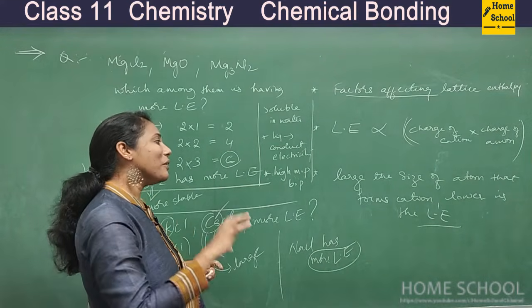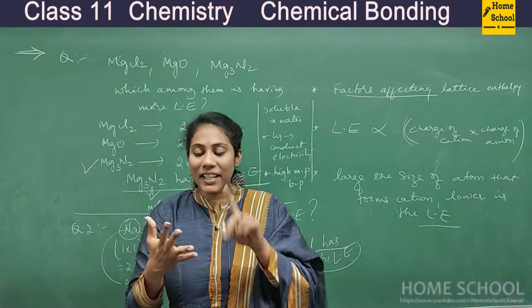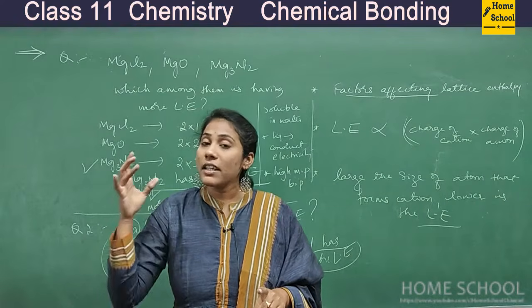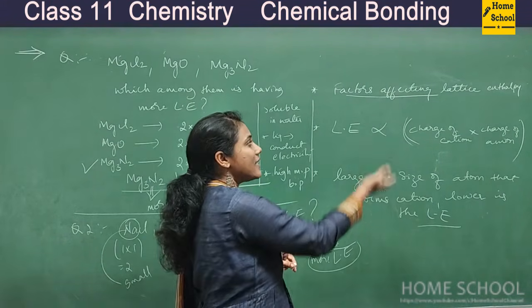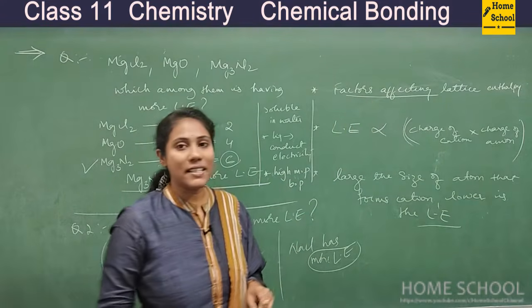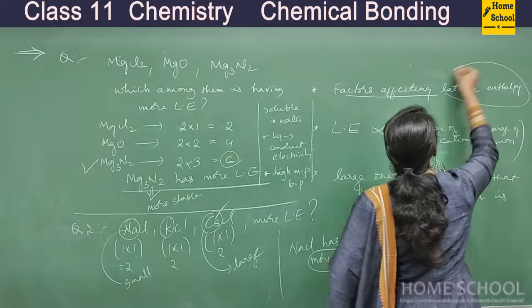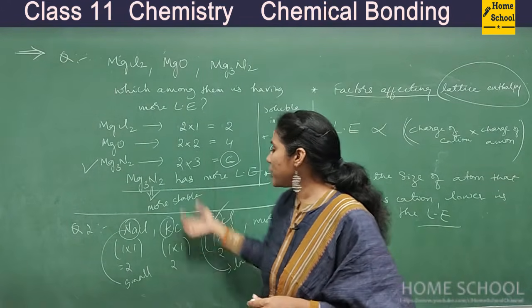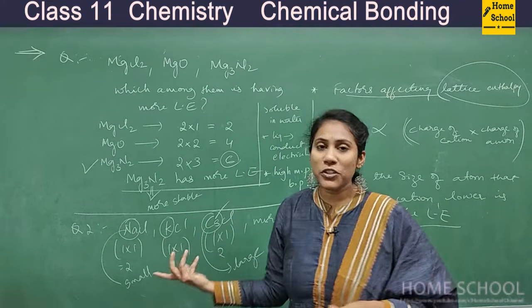With this I am completing this session, where I discussed everything about the formation of ionic compounds, conditions required for forming ionic compounds, and something called lattice enthalpy and factors affecting lattice enthalpy. And one more point is, this lattice enthalpy can be calculated. You can say this much energy is released during the formation of NaCl or during the formation of KCl.